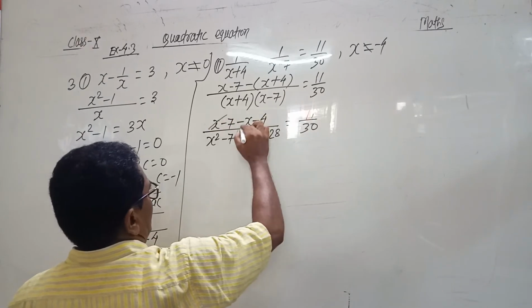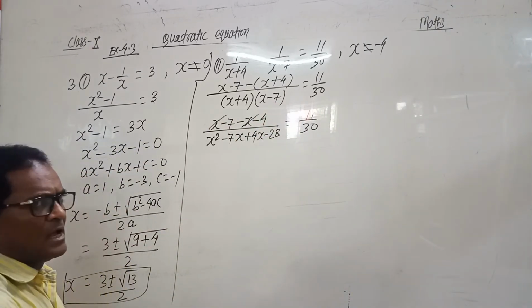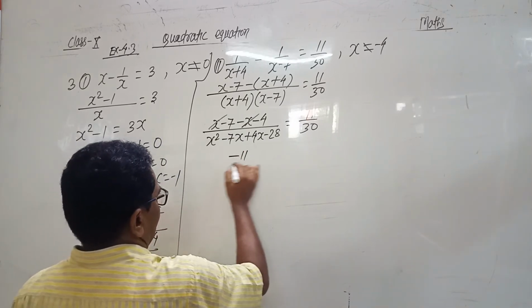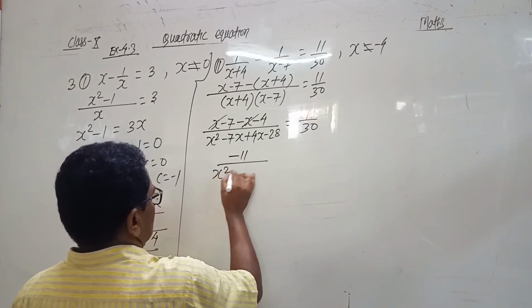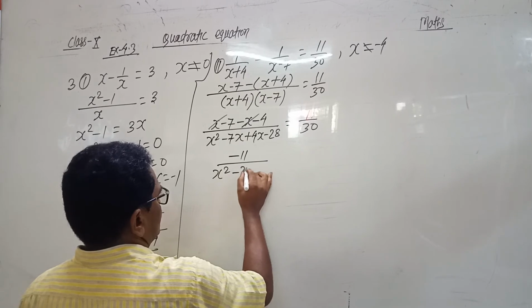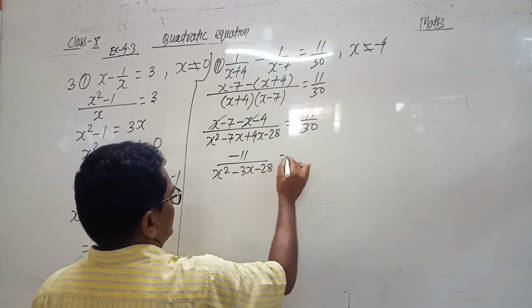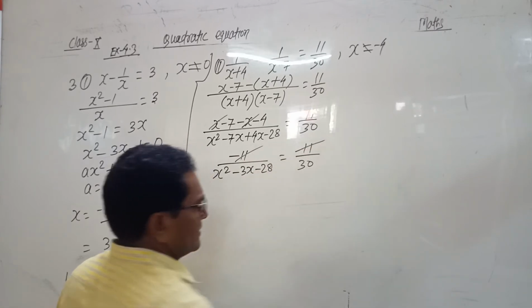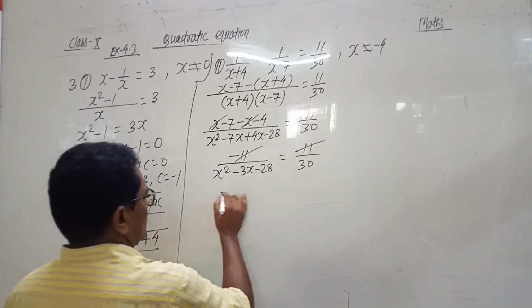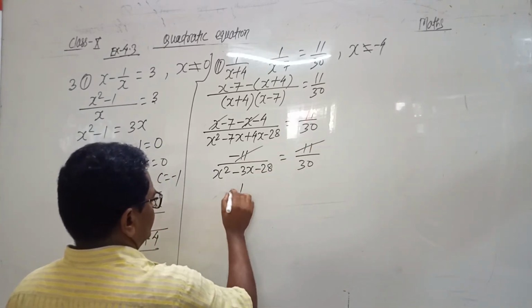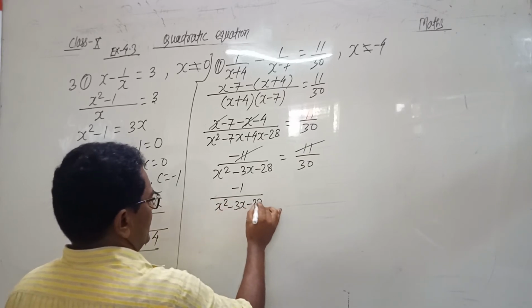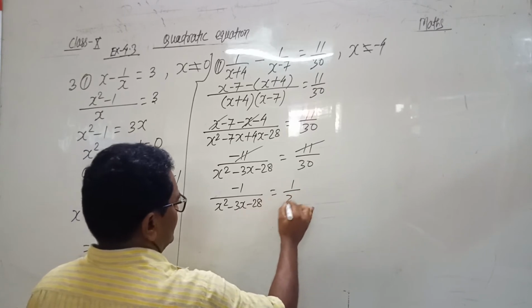So x and x cancelled and it gives minus 7 minus 11 upon x square minus 7 plus 4x minus 3x minus 28 equals 11 by 30. 11 and 11 get cancelled, so minus 1 upon x square minus 3x minus 28 equals 1 by 30.